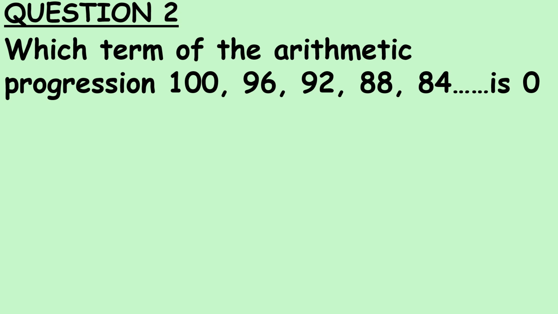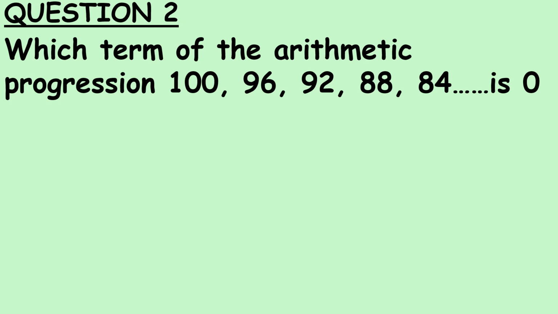You can see that the common difference here is minus 4. If you add minus 4 to 100, you get 96. You subtract 4 again, you get 92. So you keep adding minus 4, and it keeps reducing by 4. As you keep going on, you get to 0.